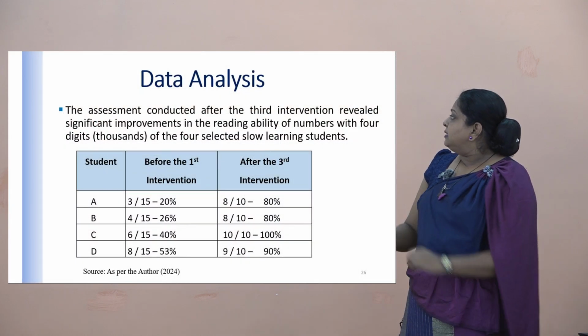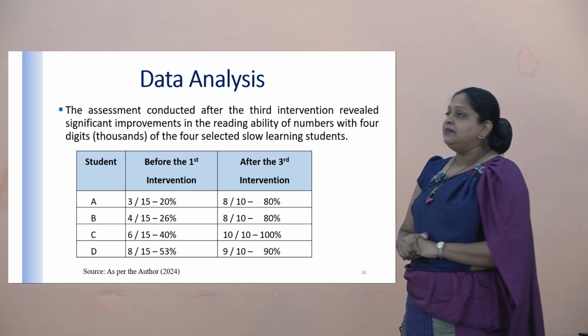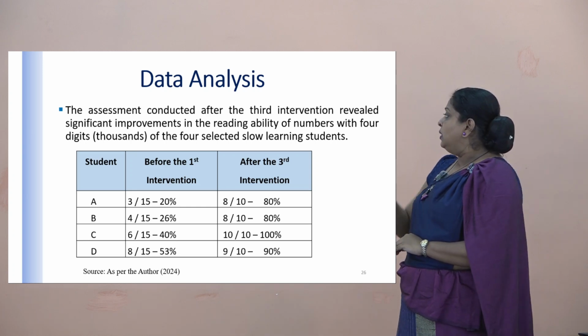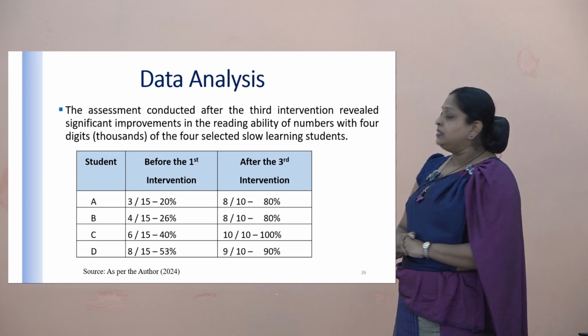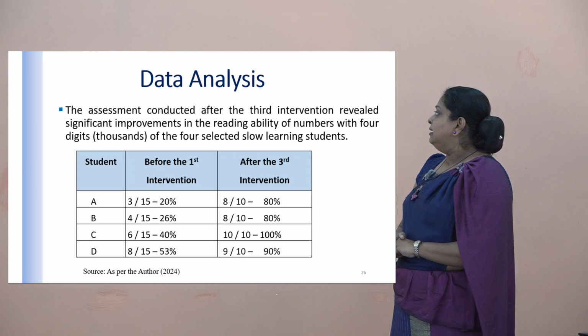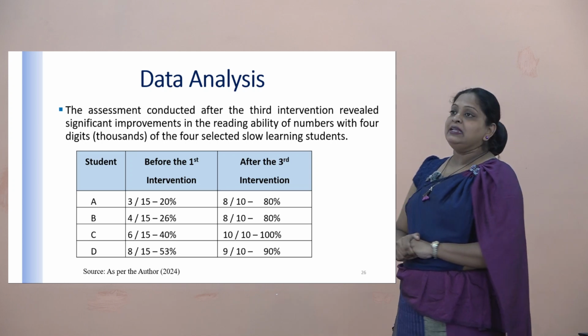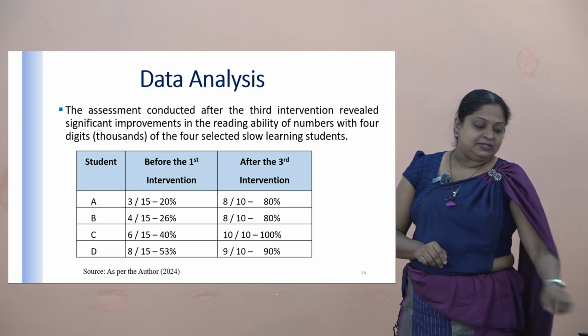Under the data analysis, you can clearly see that before the first intervention they scored below 50%, and after the third intervention they scored between 80% and 100%, showing a significant improvement in reading 4-digit numbers.